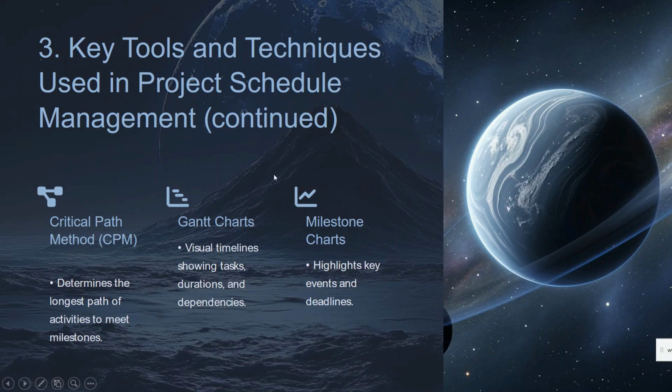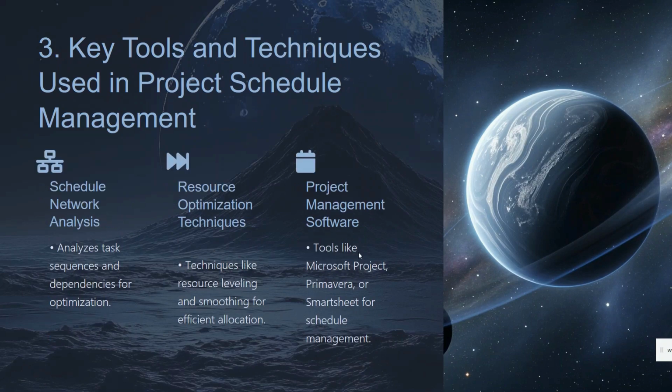Then we have the milestone charts. Milestone charts are a way to highlight the key events and deadlines in the project. Next, we have the schedule network analysis, a method which we use to analyze task sequence, dependencies, and constraints to optimize the schedule.